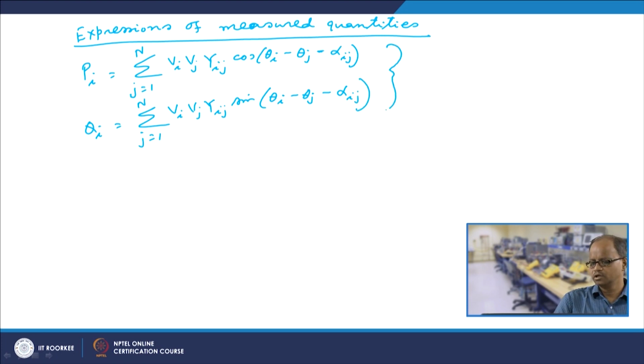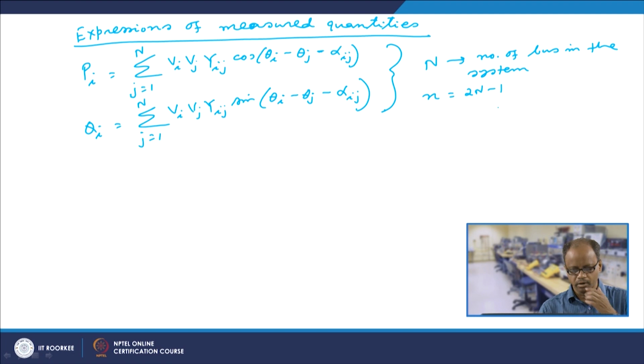We should note here that N is the number of buses in the system, and we also note that n, that is the number of states, would be 2N minus 1. Vi is already known, so Vi is equal to Vi. Now let us look at Pij, Qij and Iij.